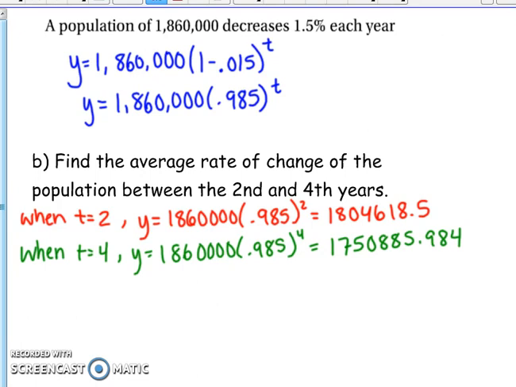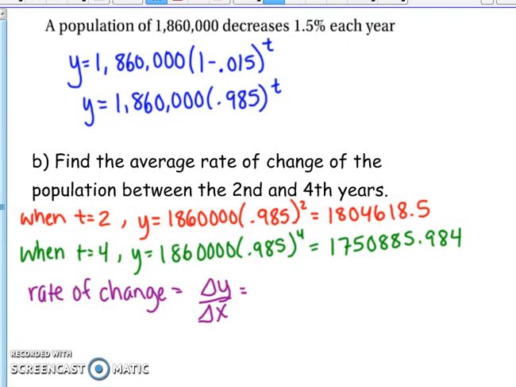We want to find the rate of change. So rate of change is the change in y over the change in x. So we would take the difference of the two y's. So it's going to be the newer one minus the older one.